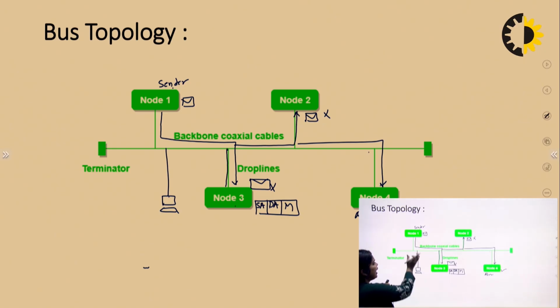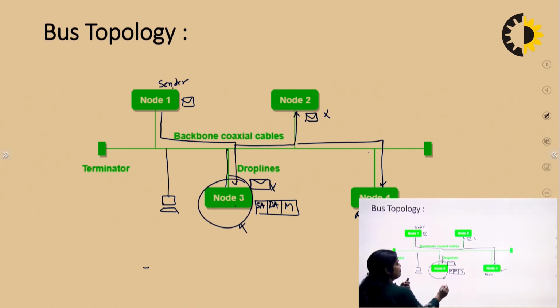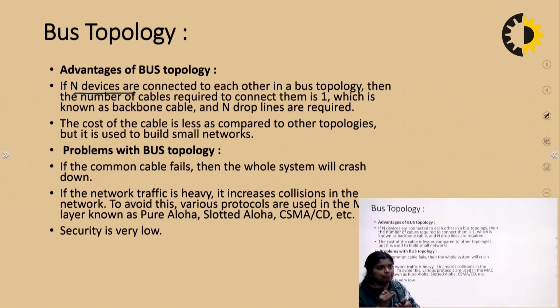If any node fails, suppose node 3 fails, is there any effect on the network? No, because each and every node is connected to the backbone. But the main drawback is that if the backbone fails, all the nodes fail, or the whole network fails.